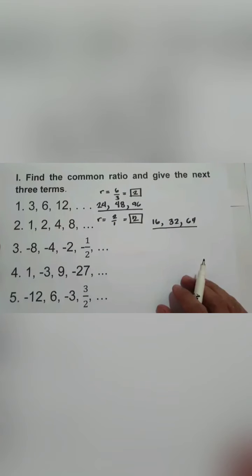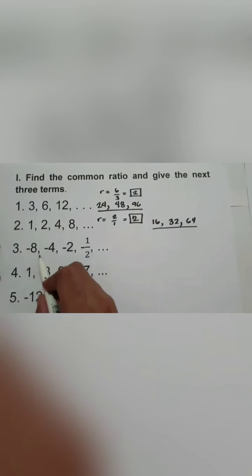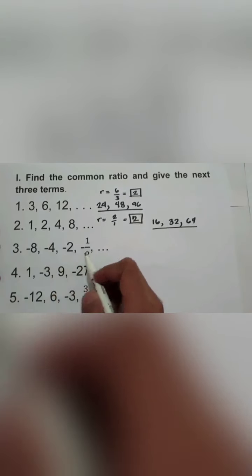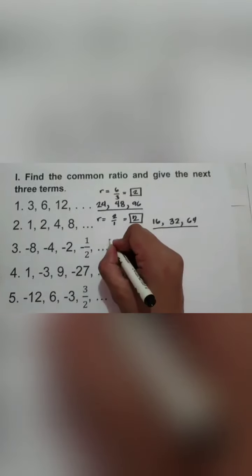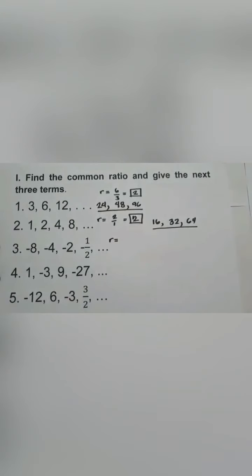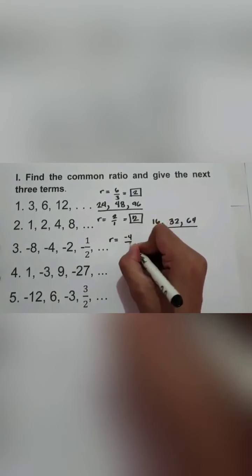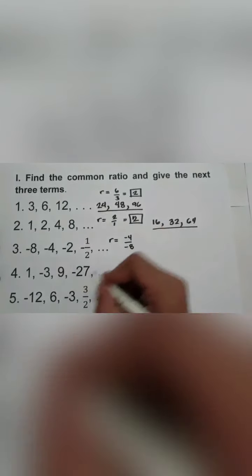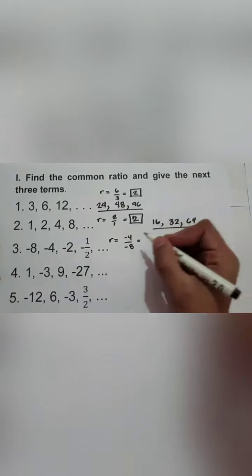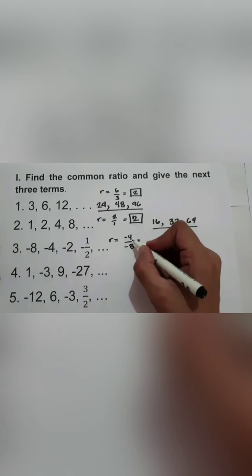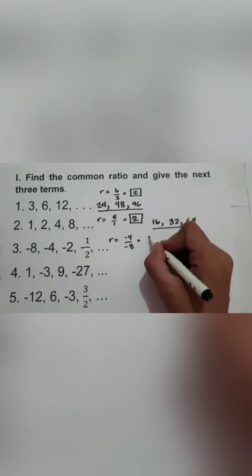What about number 3? Go ahead and find the common ratio and give the next three terms. We have negative 8, negative 4, negative 2, and negative 1. So let us find first the common ratio. That is negative 4 divided by negative 8. That is positive 1/2.